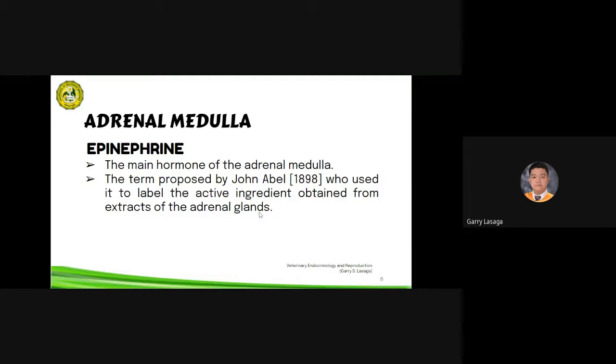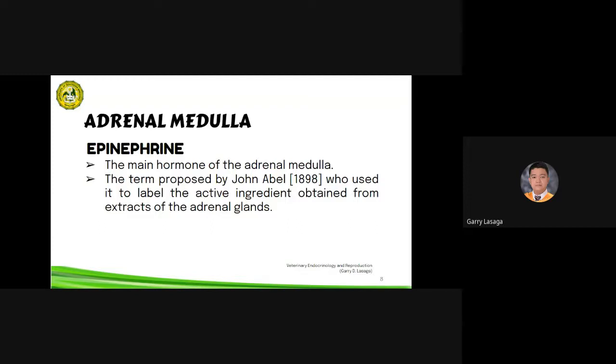He studied the adrenal gland, and when he obtained extracts from it, he found that there is a particular chemical that can, for example, increase the heart rate of an animal.